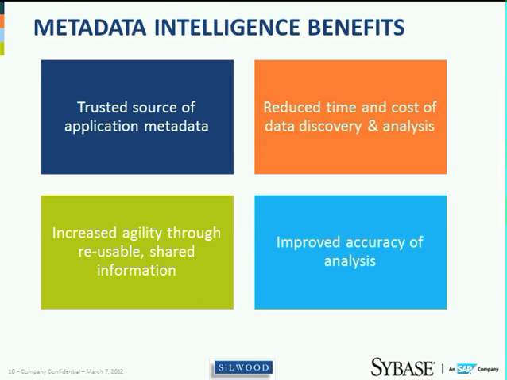If you can have access to this metadata in an easy, straightforward way, then you can reduce the time and cost of the data discovery and analysis phases early in a project. And this helps to improve the accuracy of your analysis and ultimately the accuracy and the deliverable of your project.